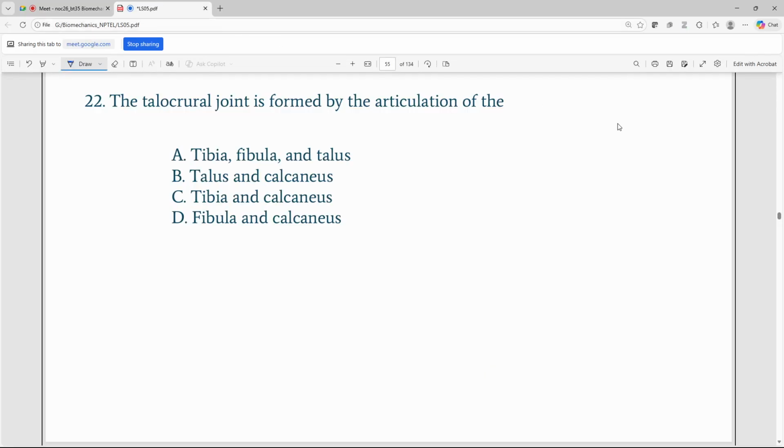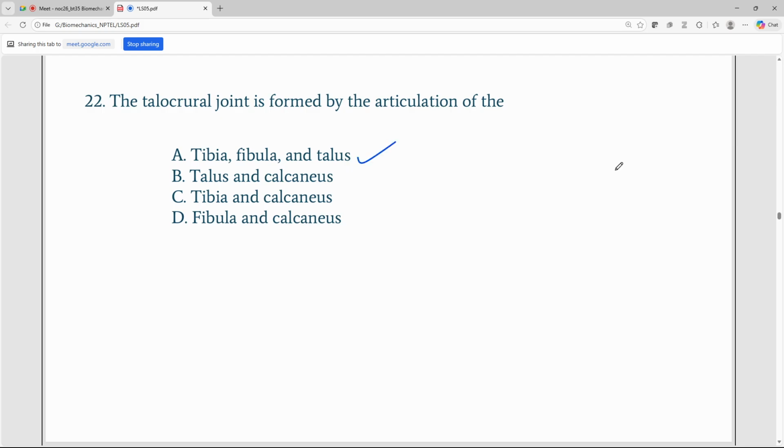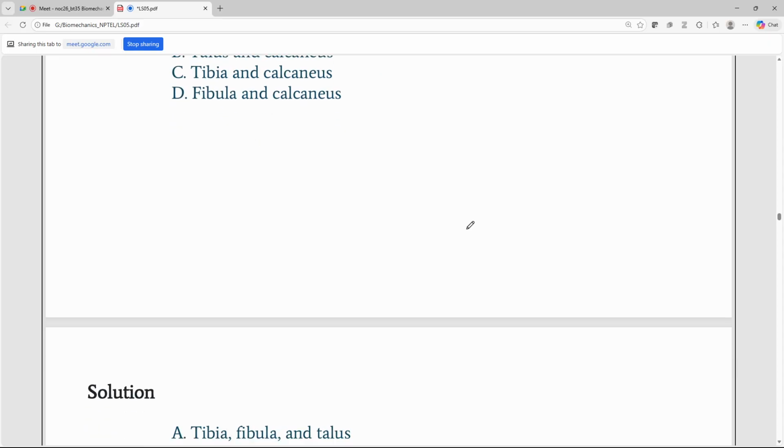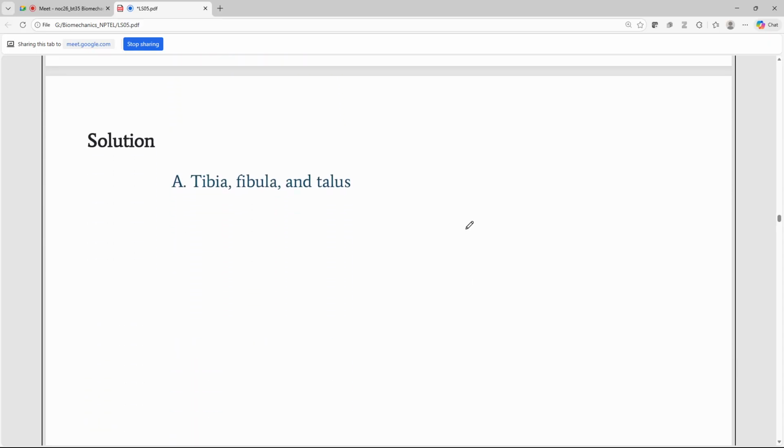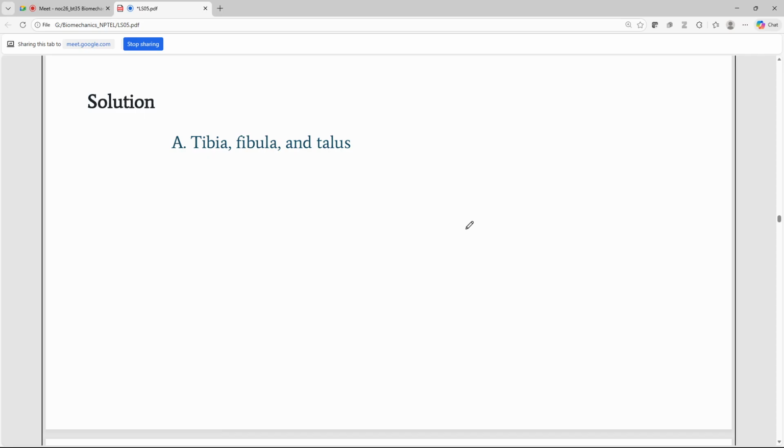This answer is option A, tibia, fibula, and talus. The talocrural joint is formed by tibia, fibula, and talus. So here basically these two, that is tibia and fibula, will form a socket.